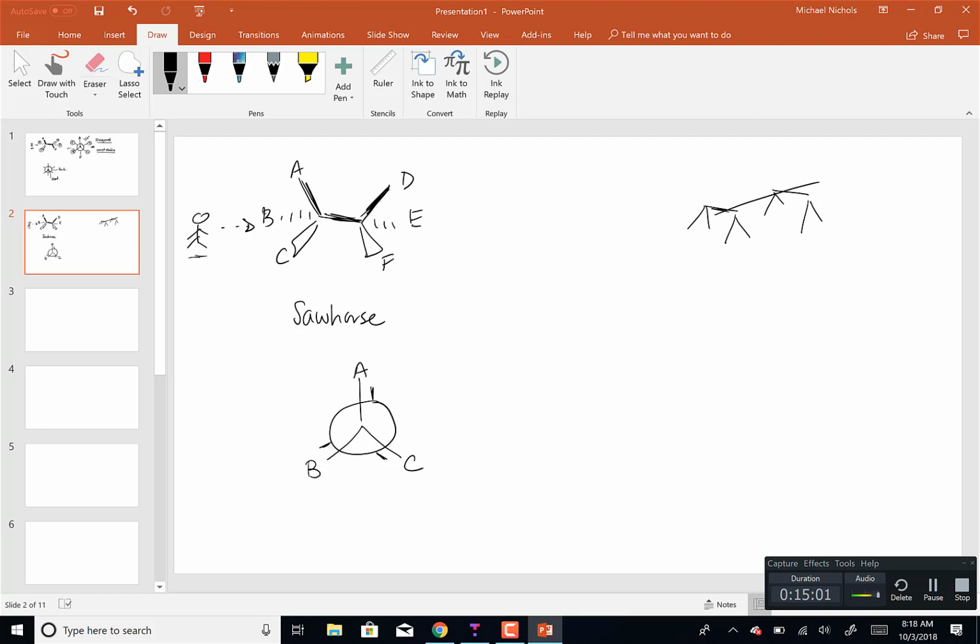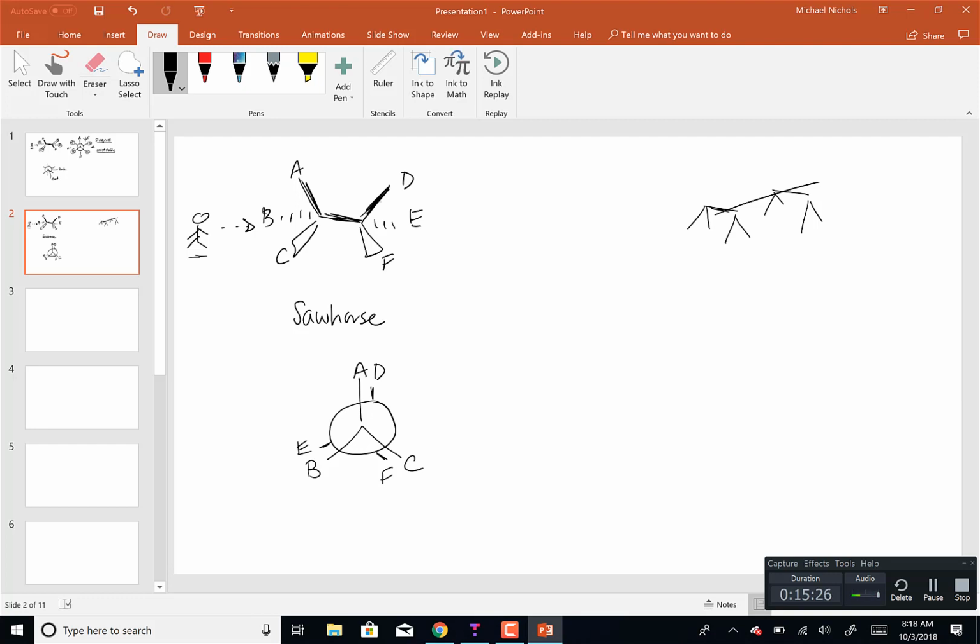So we just kind of write bonds out to the side. Sometimes you'll see these bonds get a little bit farther away, but at some point it's too confusing. So I usually just write them parallel and very close. So that means A and D, C and F, and B and E are all in the same plane.